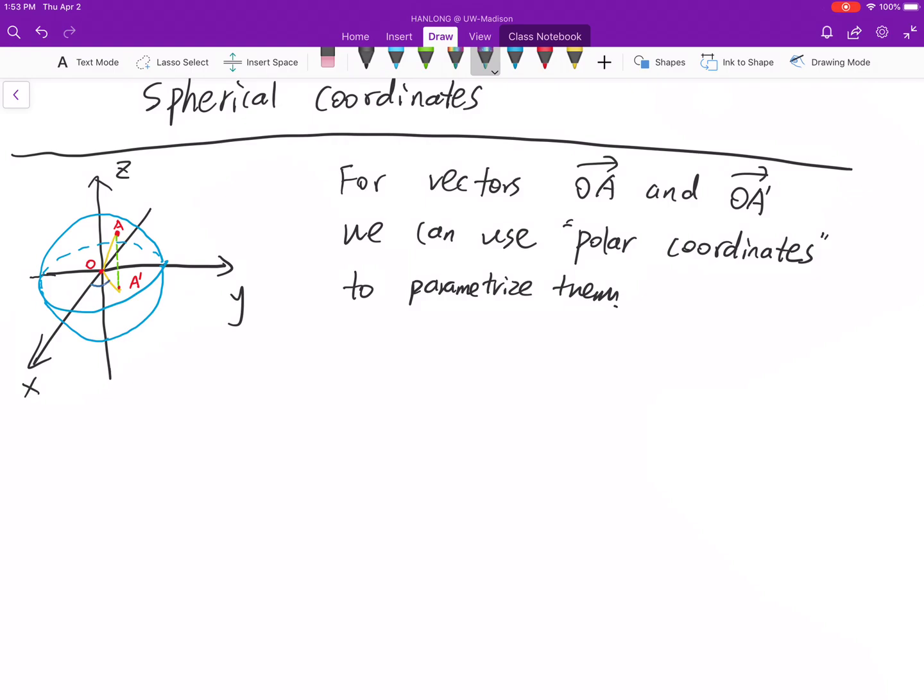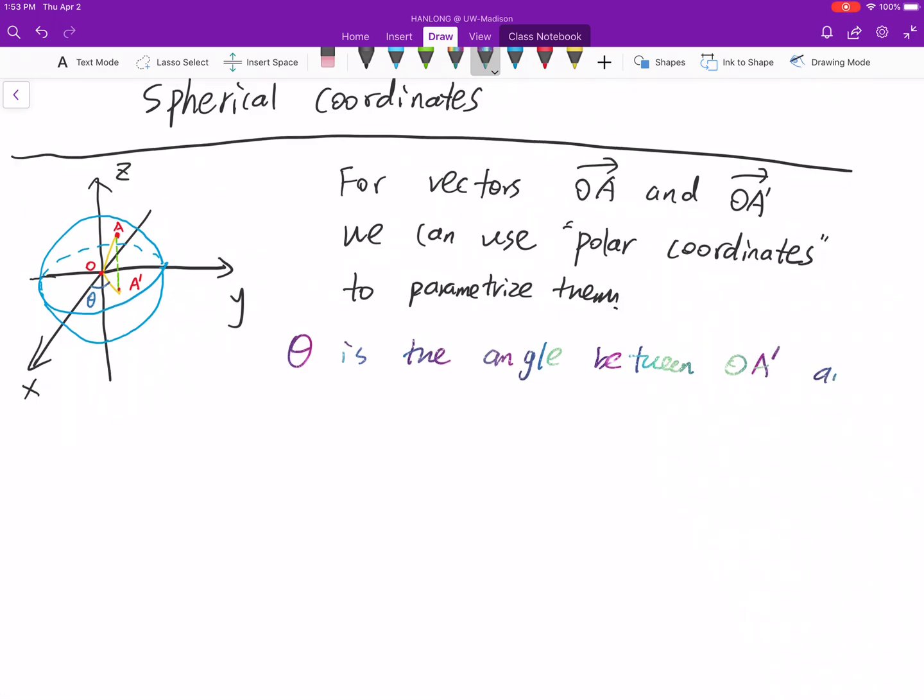Let's call it theta. Theta is the angle between OA prime and the positive x-axis.